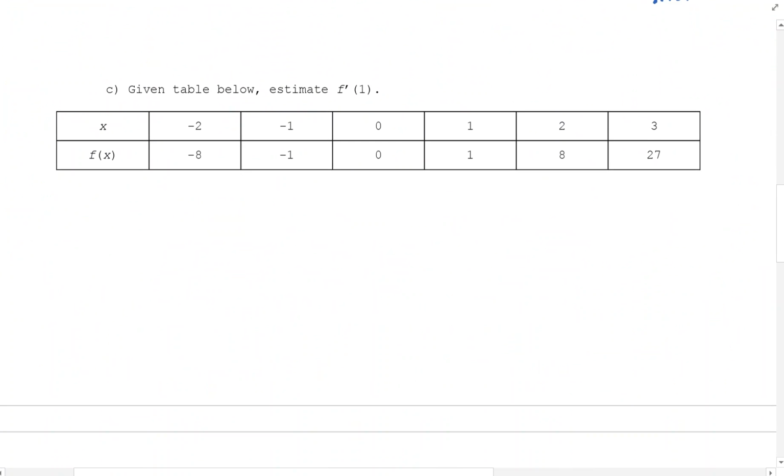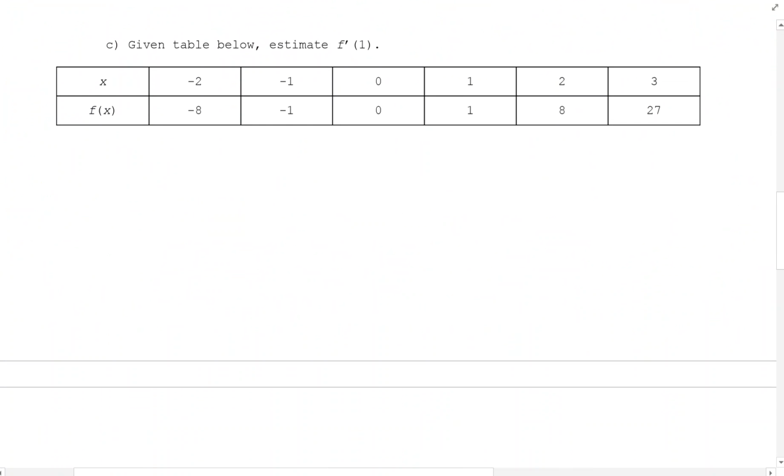Okay, and a third way that we have to estimate a derivative is example C, where I'm not given a function at all. I'm just given the table of values, and this is the best we're going to do. So if I want f prime at 1, remember, another word for derivative is, hopefully you all just said, slope.